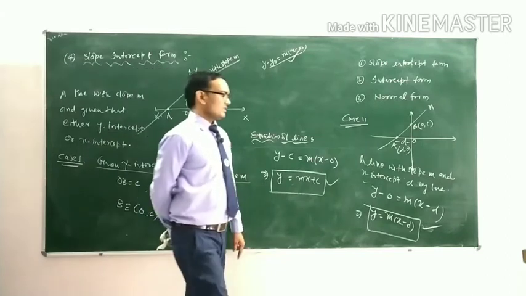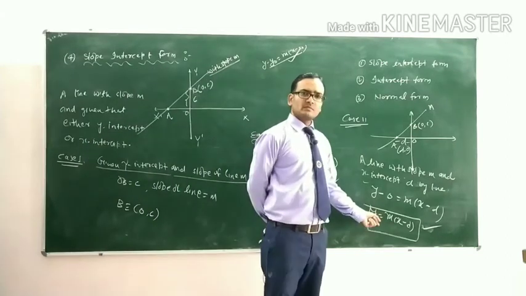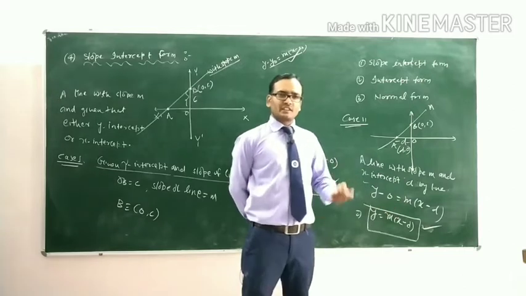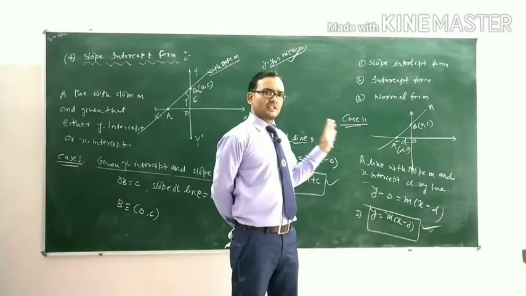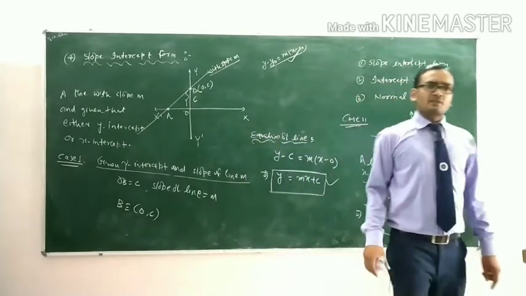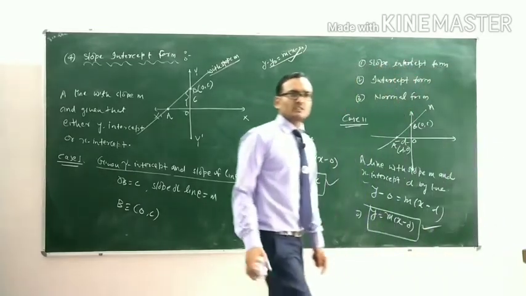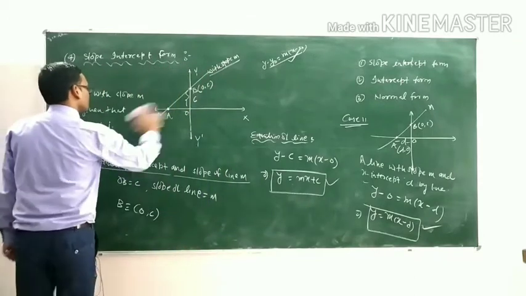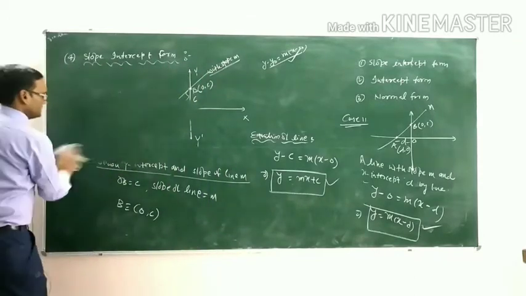If a line has slope m and x-intercept d, then the equation of the straight line is y equals m into (x minus d). Okay students, we solve question 9.